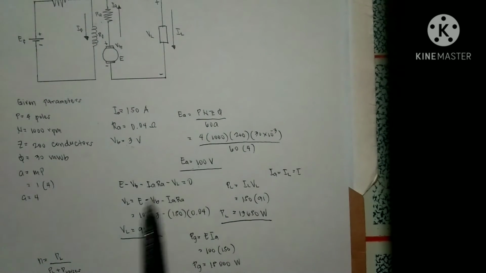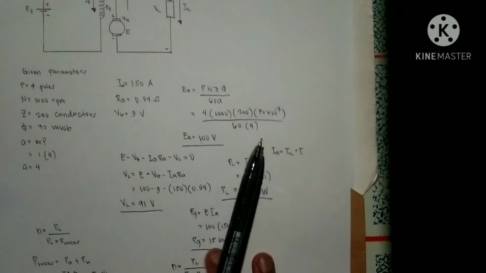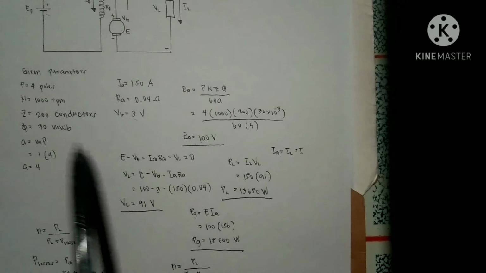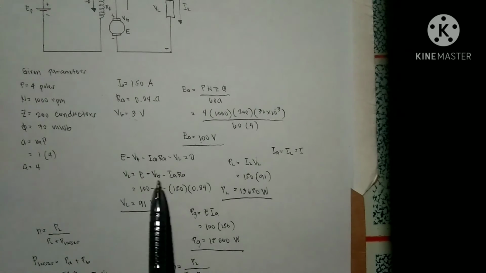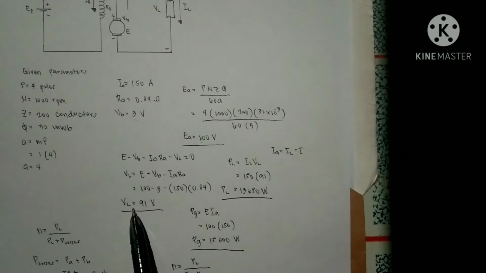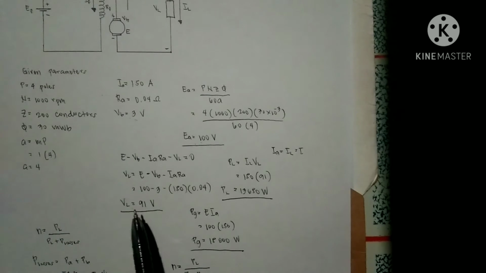VL is unknown, so VL is equal to E minus VB minus IA times RA. Since we now have the values of the corresponding variables, we simply substitute, then calculate. The result of the load voltage is 91 volts.